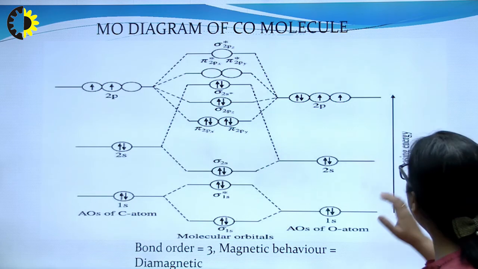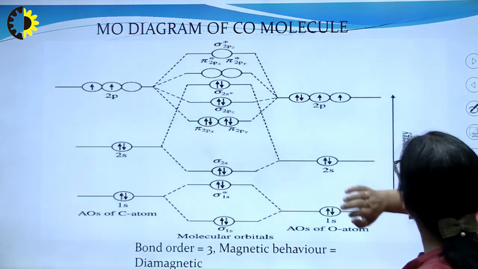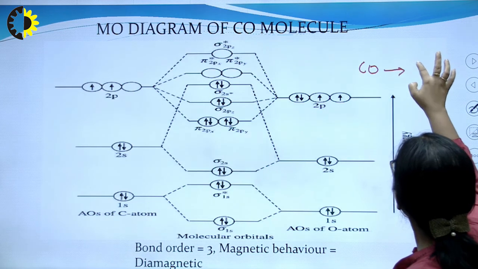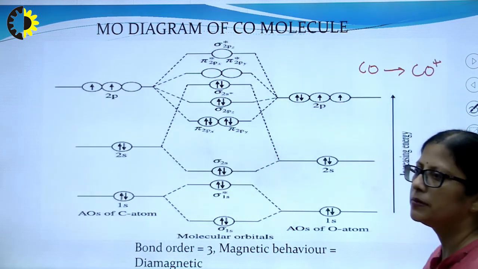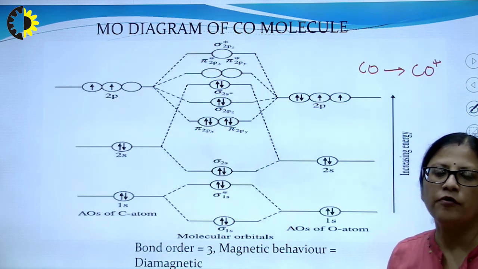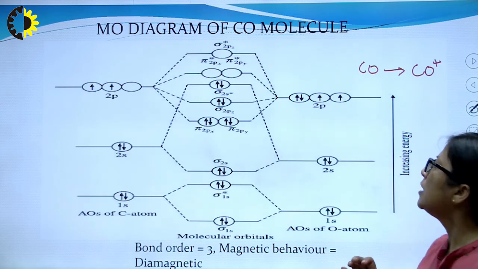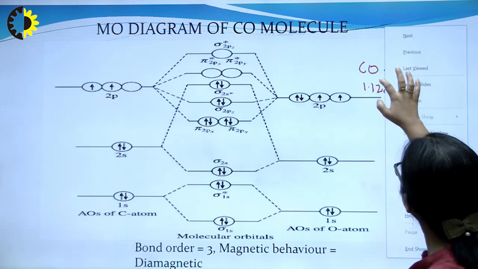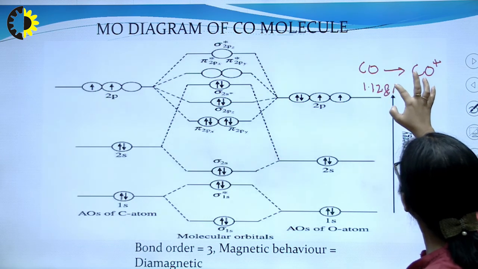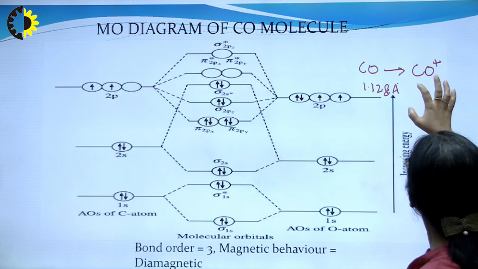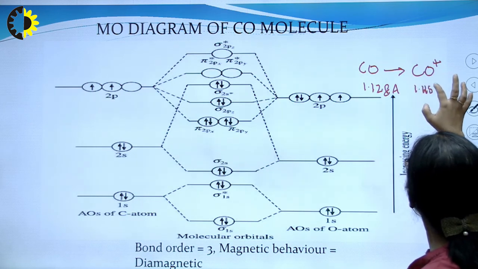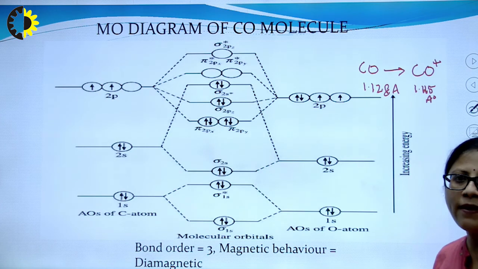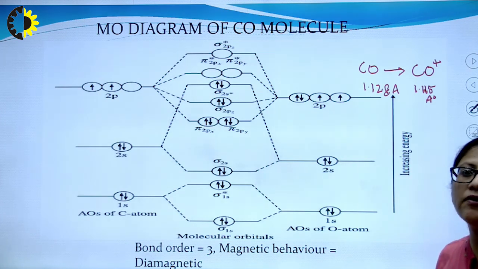This was confirmed when CO plus was formed from CO. When an electron was removed from the CO molecule to form CO plus, the bond length of CO is 1.128 angstrom, whereas the bond length of CO plus is 1.115 angstrom.